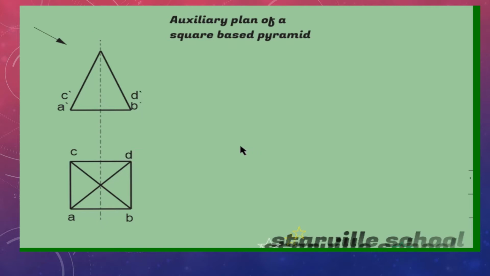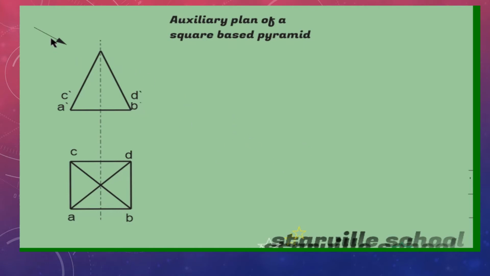All right, so having done that, the next thing we have to do is to get the width of this elevation. Since we are asked to draw the auxiliary plan, I forgot to mention, whenever we are asked to draw the auxiliary plan, our projections come from the orthographic elevation.